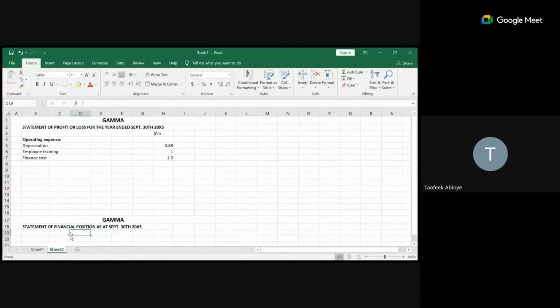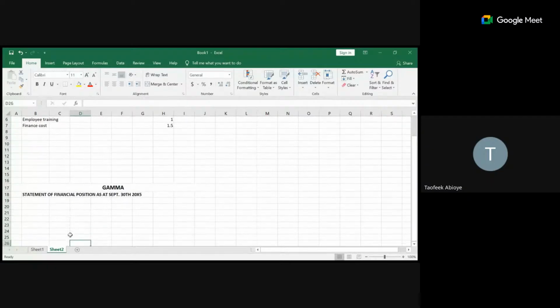We now go to our statement of financial position. You just put your dollar sign here because of the reporting currency, dollars. So we go to our non-current assets section. You just show it here. Our machinery, PPE, right?